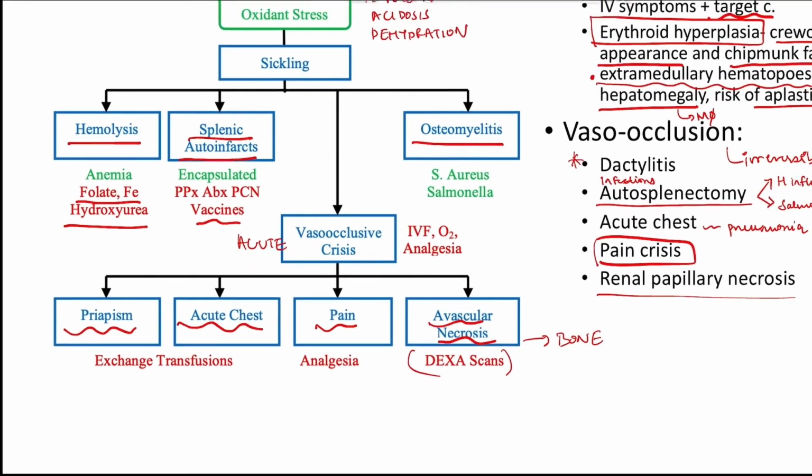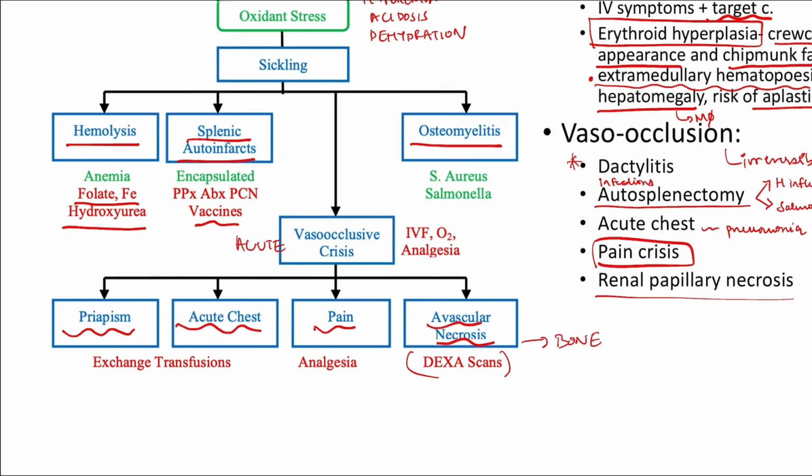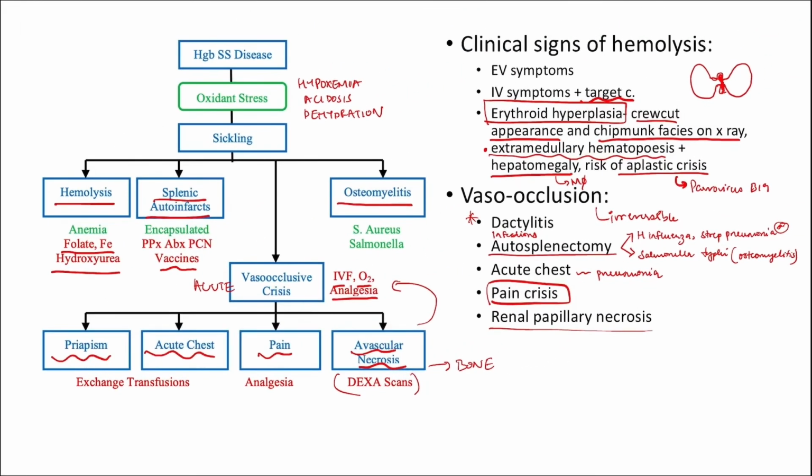And in the case of vasoocclusive crisis, giving them IVF, O2, and analgesia would be very important because the pain crisis, as well as acute chest, would be treated with that. With priapism and acute chest, exchange transfusions might be the best option. Again, pain, analgesia, avascular necrosis, maybe do a DEXA scan, and just increasing the amount of oxygen and IVF might just help.